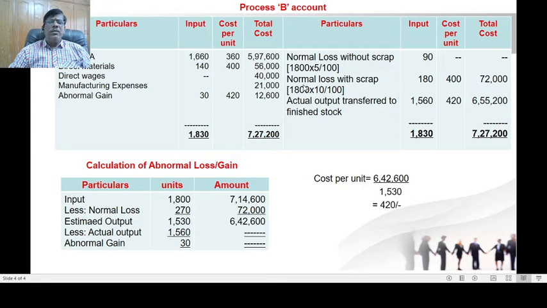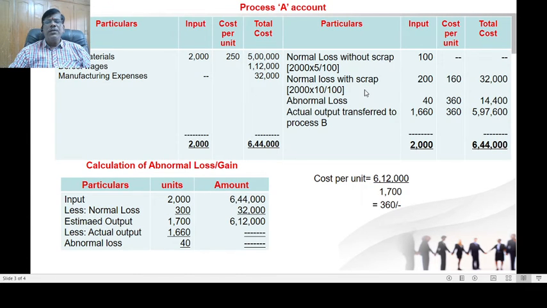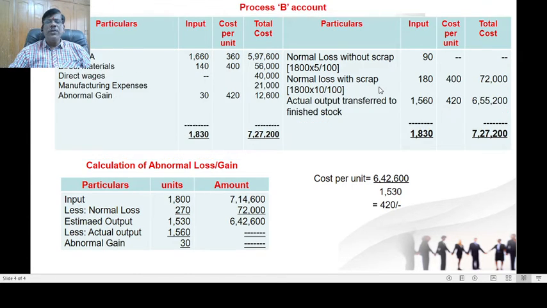Then another one is normal loss with scrap, 1,800 units, that is 10%, that is 180 units. Rate is 400, it is given in the problem per unit. Then 180 units, rate is 400, you will get 72,000.